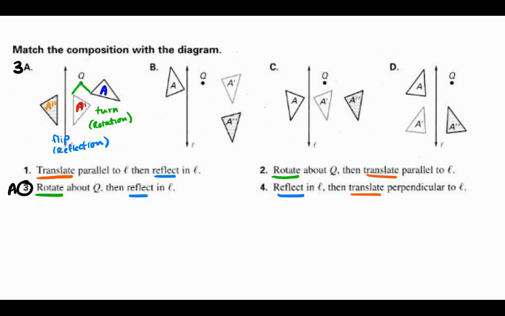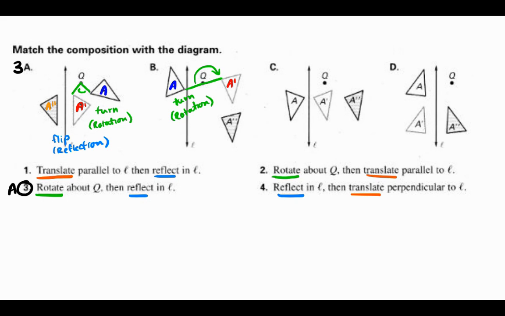In the next one, we locate A and A prime. This is not just a simple translation. We didn't just shift it over. It's oriented differently. We didn't flip it over the line, so we don't have the mirror image the exact same distance on the opposite side of the line. So this is another one where we turn the object, which is a rotation.